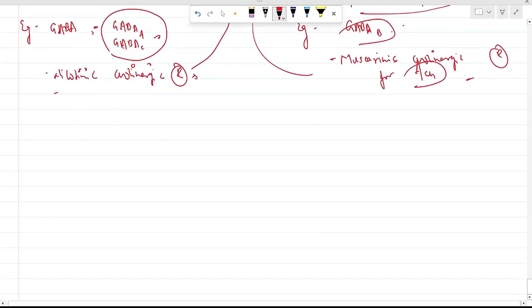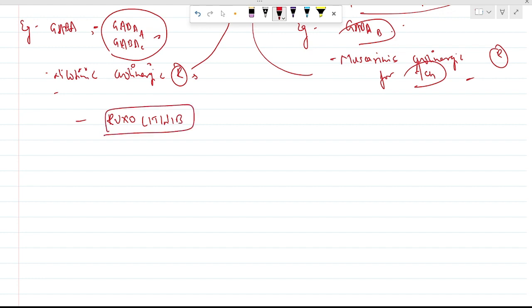Last piece of information we are going to see. There is this drug called ruxolitinib. Ruxolitinib, an important drug used for treatment of polycythemia vera.